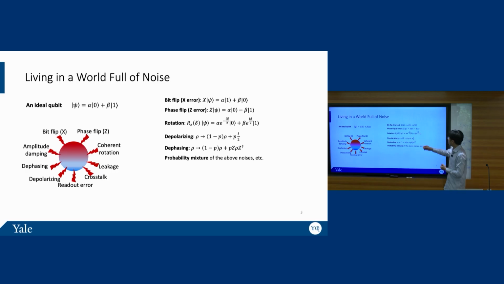So an error can be like a phase flip or a Z-type error that maps 0 to 0 itself, but 1 to negative 1. So adding a negative sign also changes the state.